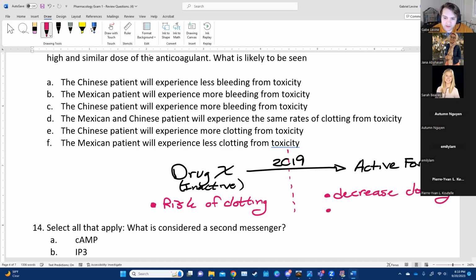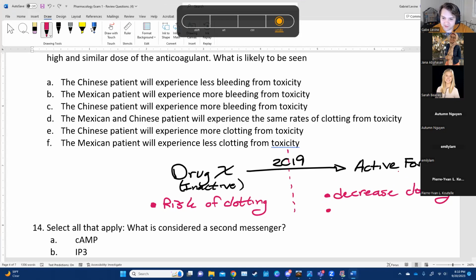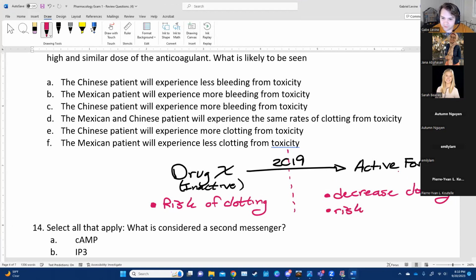However, what is the risk of having an anticoagulant? Blood is too thin, and so you have a risk of bleeding. Bleed out, die, not good.